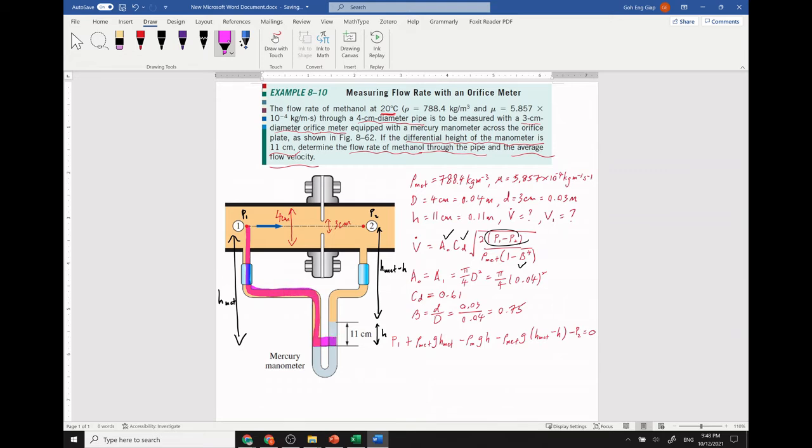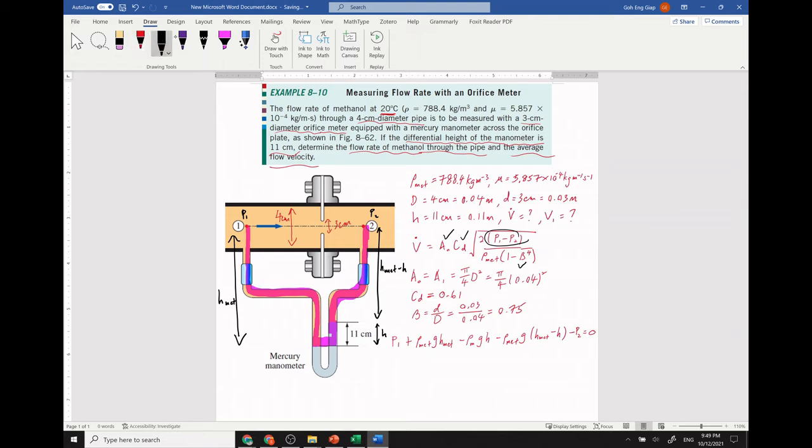Then move to the side, going up minus rho mercury g H. Then going up again, minus rho mat g in the bracket H mat minus H. And of course we have to go against the pressure at point 2, so it's minus P2. In the end we should have equals 0. That's how it works.